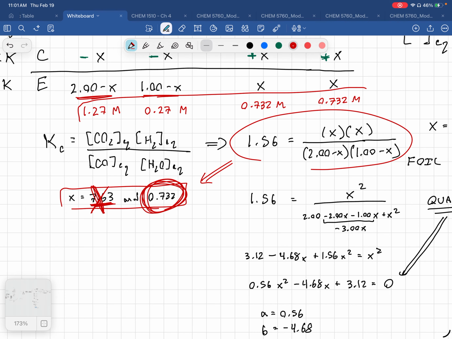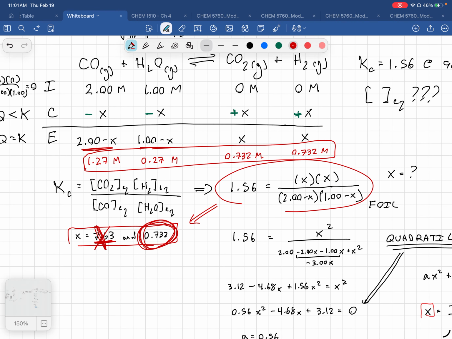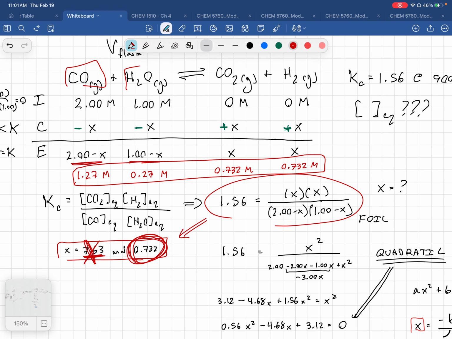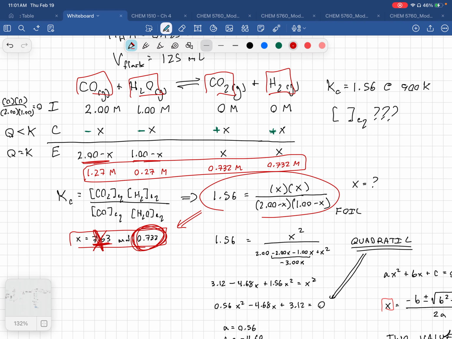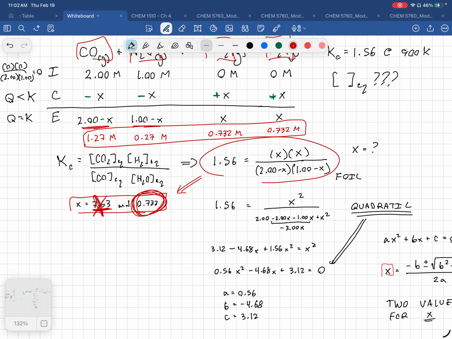So there are our final answers. Those are our concentrations of each of our species at equilibrium. Now, while using a quadratic equation is tedious, typically your instructor will allow you to use a quadratic solver programmed into your calculator, or when you're doing this at home, you can use a quadratic solver online. We can double check this.